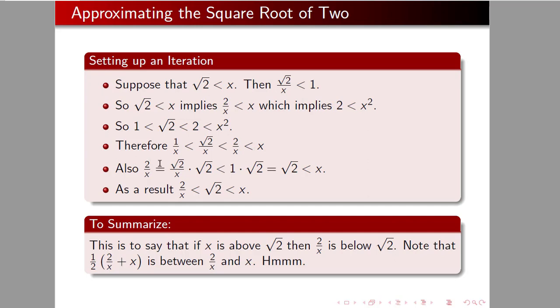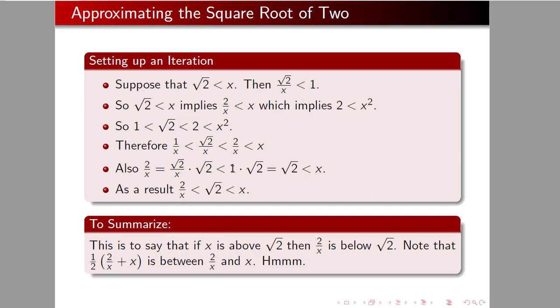And so I can again multiply. I can note that 2 over x is equal to square root of 2 over x times the square root of 2.